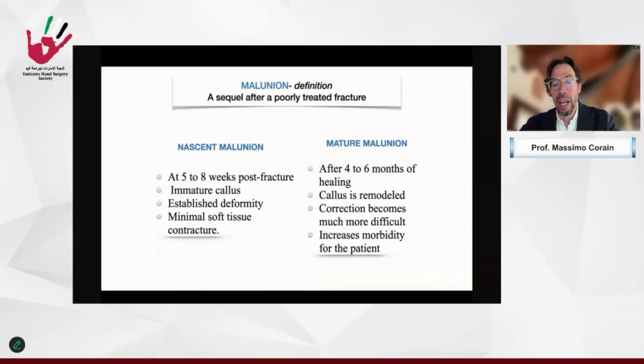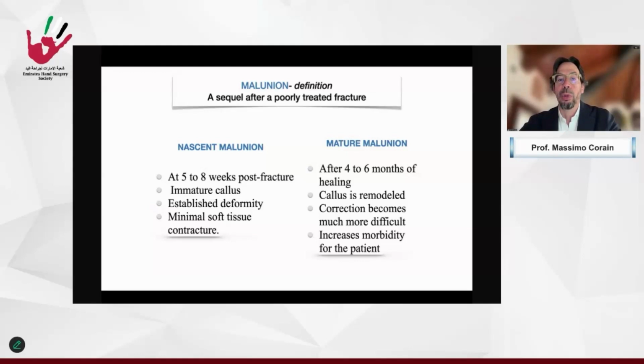In this case, we have an immature callus, an established deformity and minimal soft tissue contracture. Or we can have a mature malunion, normally more than 2 months old, with a callus that is stiff and remodeled, and correction becomes much more difficult, with an increased risk of morbidity for the patients.